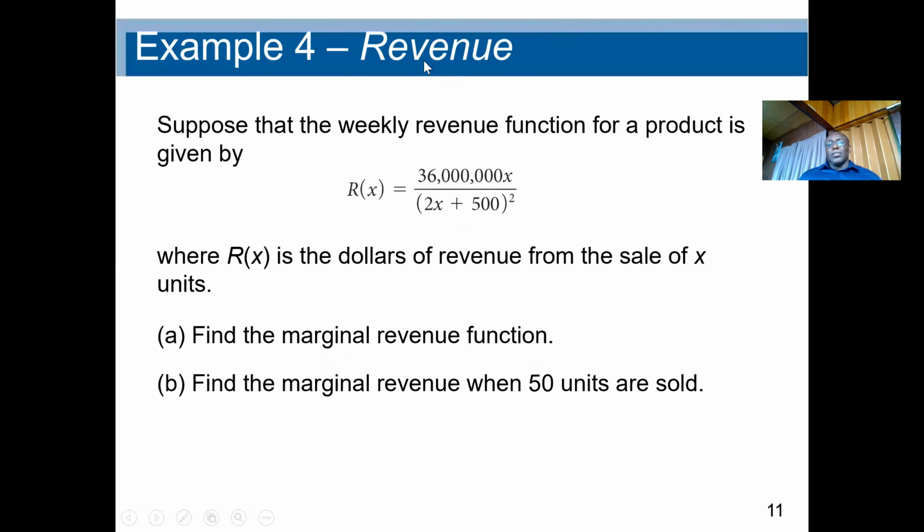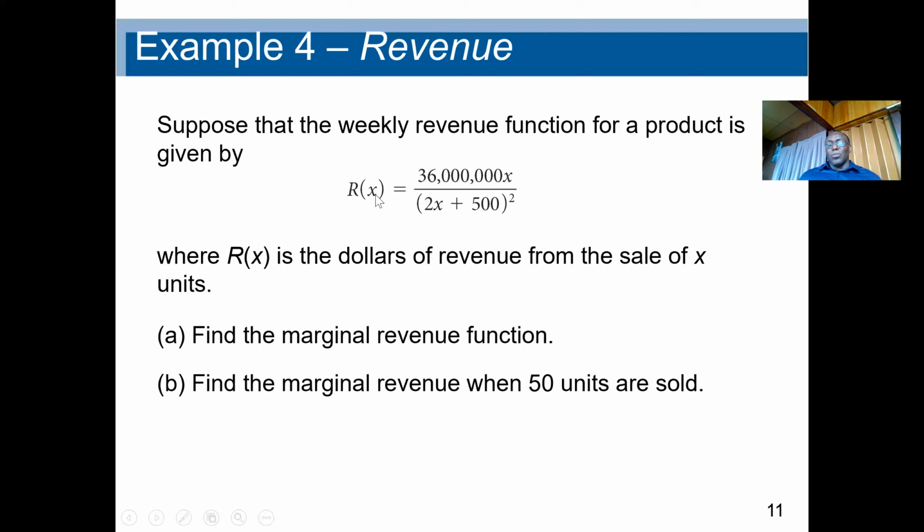Okay, so let's see the next example, which is about revenue. Here they say suppose that the weekly revenue function for a product is given by the following. Again, looking at the function, it's a quotient. We have 36 million x divided by (2x plus 500) all squared, where R(x) is our revenue in dollars for the sale of x units.